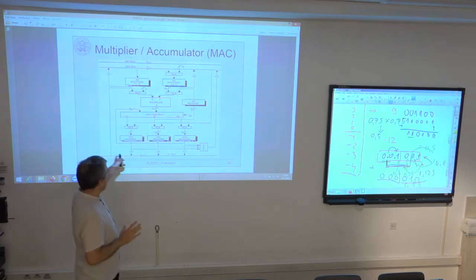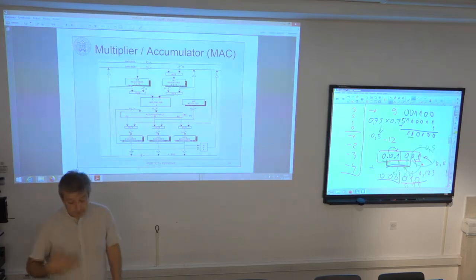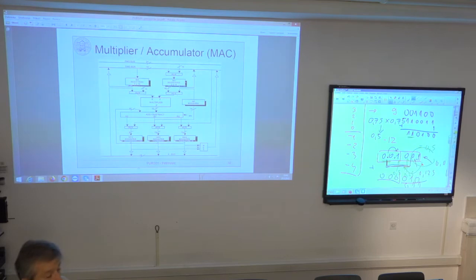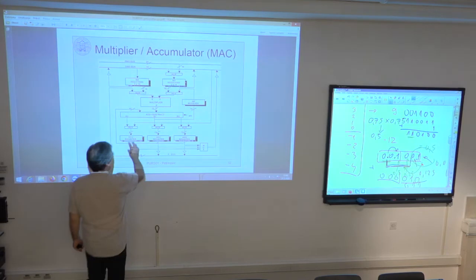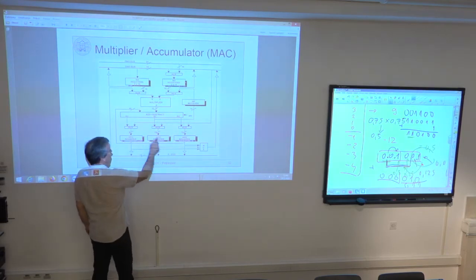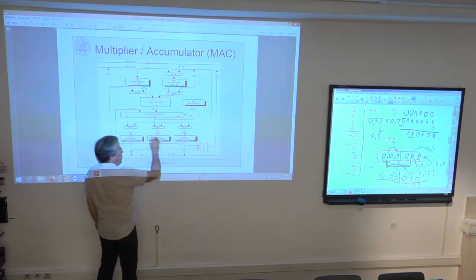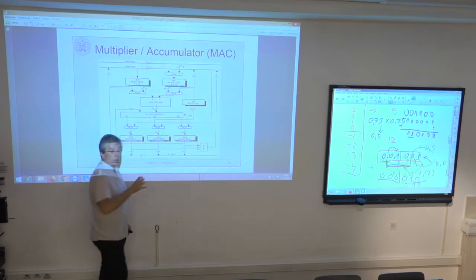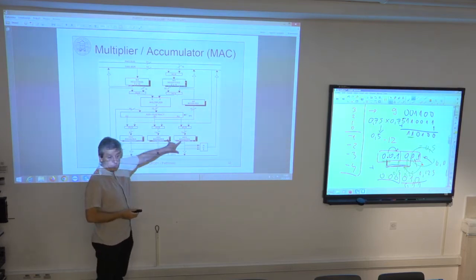So only if MR2 is the sign extension of MR1 and MR0, only in this case I don't have overflow. Otherwise, it's overflow. And in this case, if this value is positive in MR2, MR1, and MR0, then the largest positive value is written in these two registers.